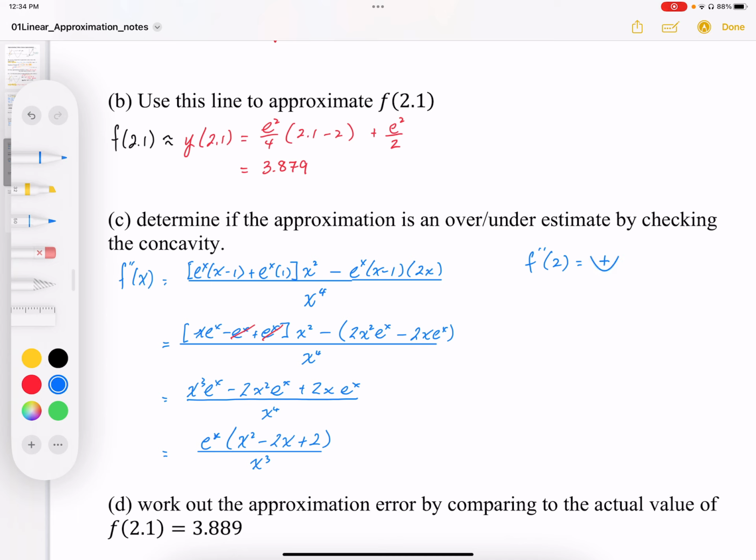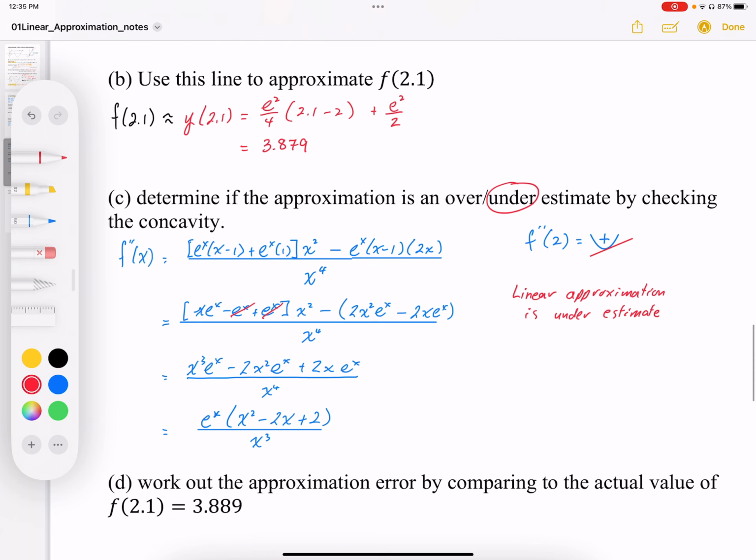Therefore, our linear approximation is an underestimate because it's going to be below that concave up curve. So that's underestimate. Okay, so that is that.